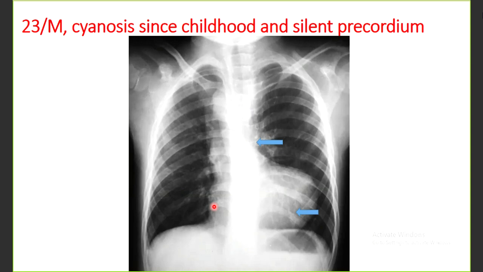A classical X-ray that is kept for most of the exams, you can see that this patient has minimal or mild cardiomegaly. There is absent pulmonary bay. There is an acute cardiophrenic angle, which suggests that the apex is formed by the RV. And if you look carefully, you can see that the trachea has an indentation on the right.